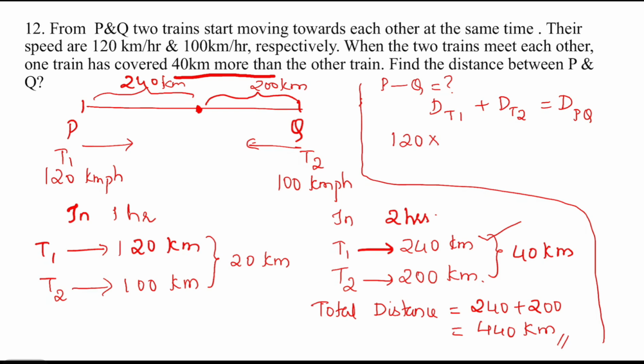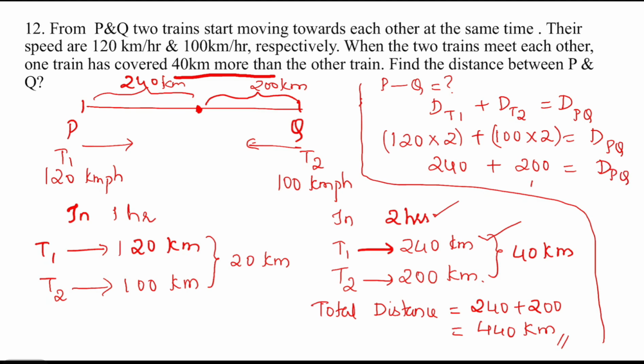We know from this we got they are meeting after 2 hours, plus distance of the second train, whose speed is 100, into they are meeting after 2 hours, isn't it? Which is equal to total distance between P and Q. So 120 into 2 is 240 plus 100 into 2 is 200, which is equal to the distance between P and Q. So 240 plus 200 is 440 kilometer.